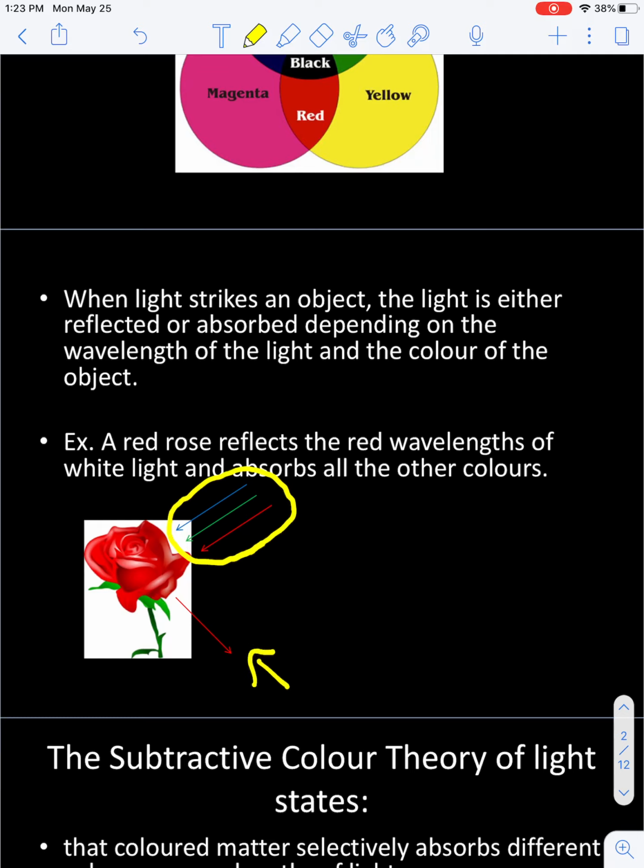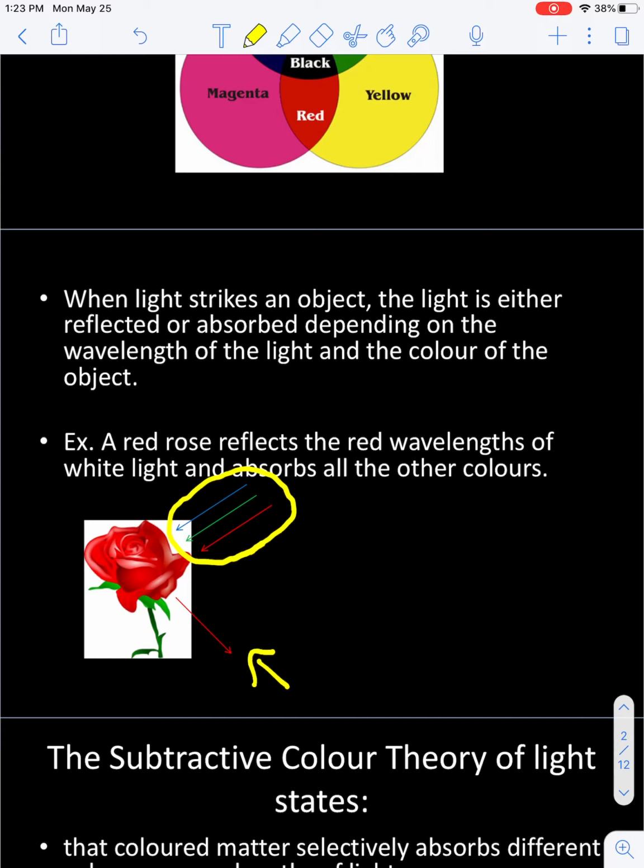So the colors we see are literally the colors of light that bounce off the object and are not absorbed by the object. So our brain perceives a rose as red because the red wavelength of light bounces into our eyes and the green and the blue is absorbed by the rose.